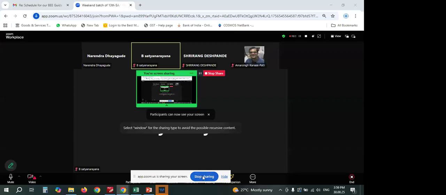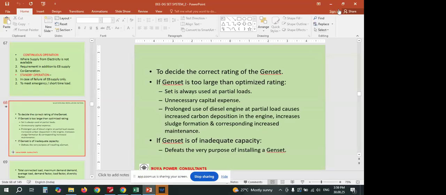Okay, is it visible now? Yes, sir, visible. Just confirm whether it is being recorded, otherwise if the recording stops, it will not be available on the cloud. Okay, yes.